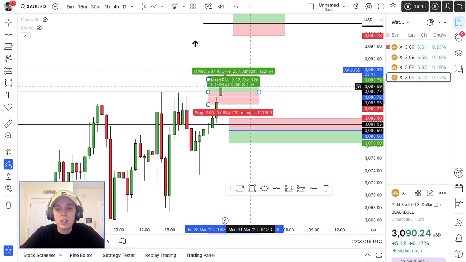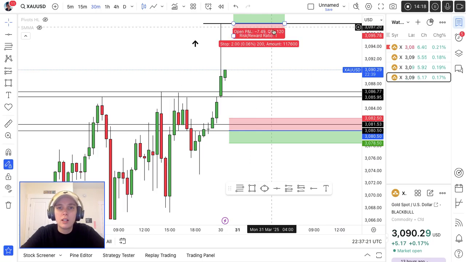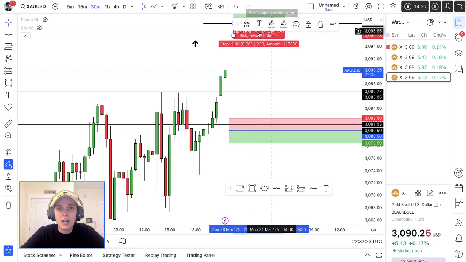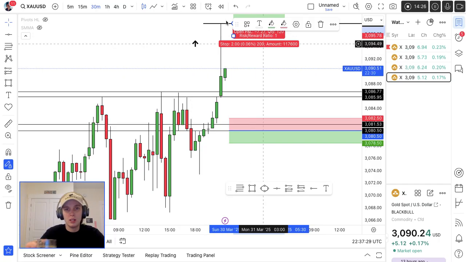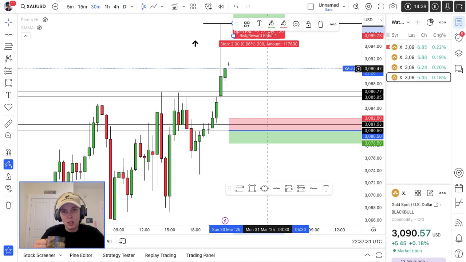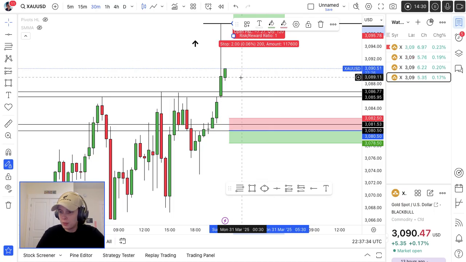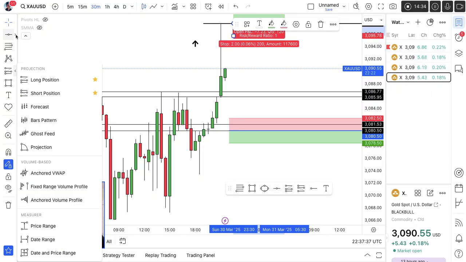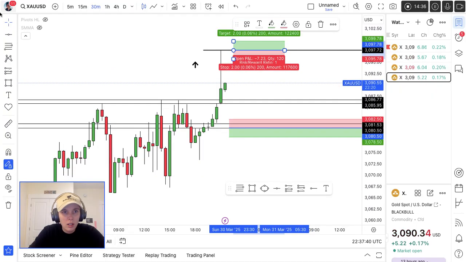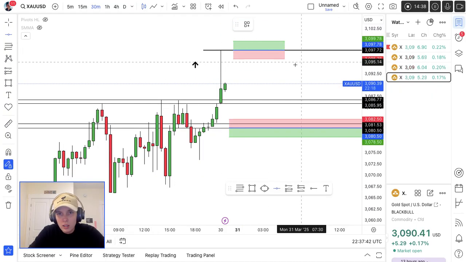So we're just going to delete that and go back in the past. This I don't really like because there's no clear indication that price is going to set up, until the price does maybe a break and retest of this zone, something like this.